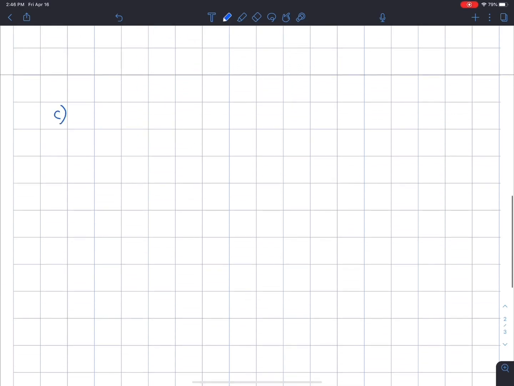C. Same idea, surface area is 2 pi r squared plus 2 pi rh for a cylinder. This time we were told that the diameter is 5.2. If the diameter is 5.2, then the radius must be 5.2 divided by 2, because the diameter is just 2 times the radius. So we should get 2.6 for the radius.